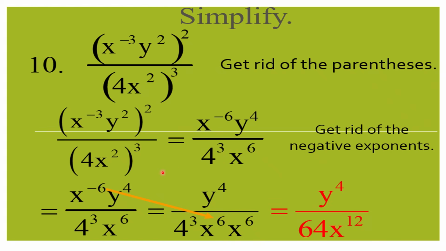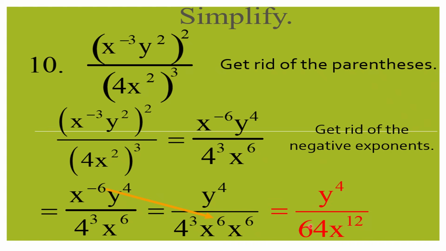Now get rid of the negative exponents. So we got the x to the negative 6, we bring it down, or negative 6, right? But just retain the y to the fourth. Okay. Now, 4 cubed is 64. 4 times 4 is 16, 16 times 4 is 64.